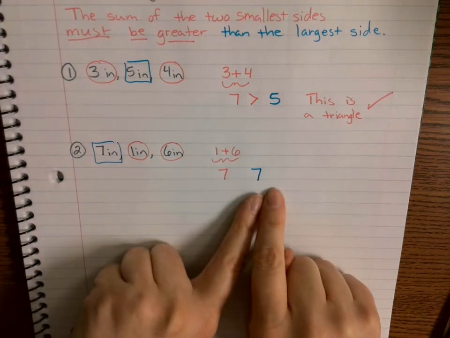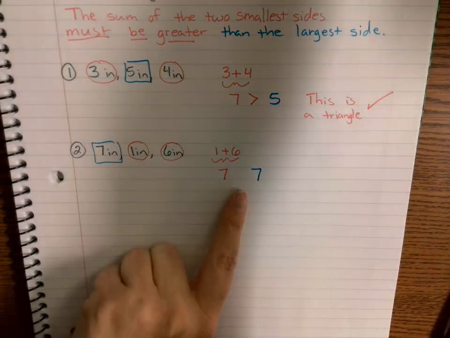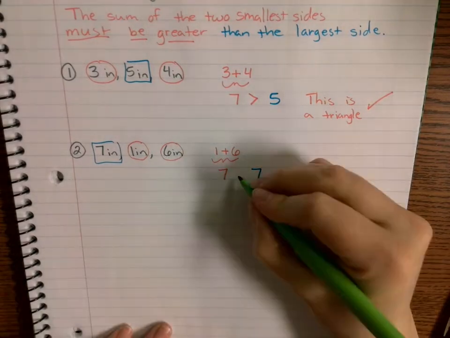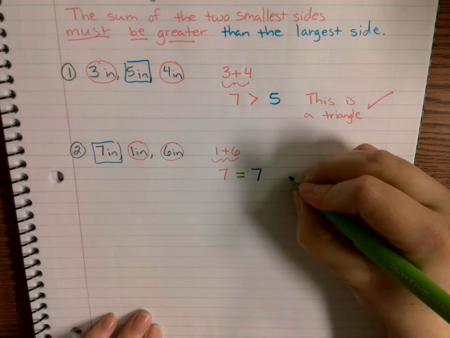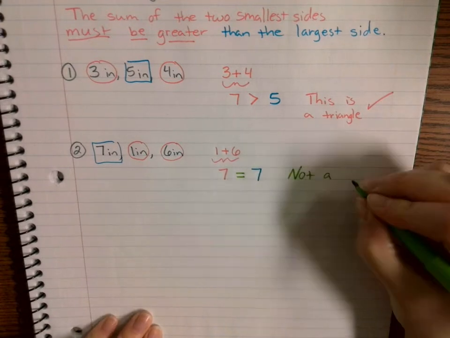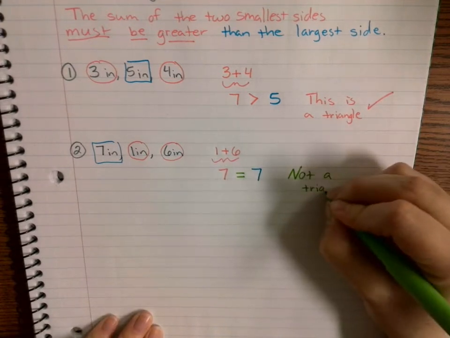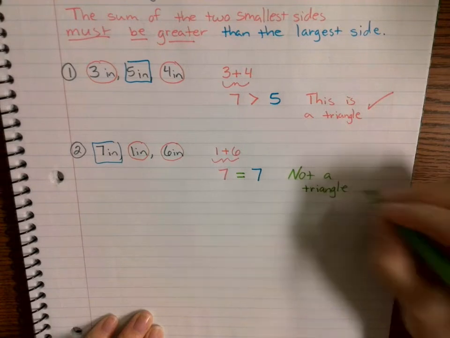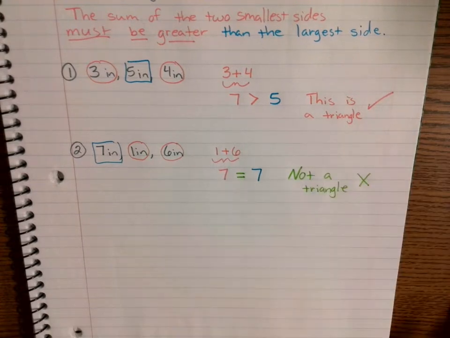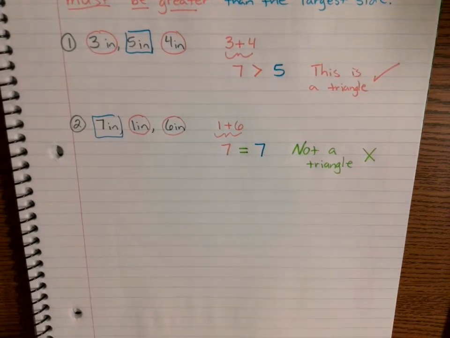No. In this case, 7 is going to be equal to 7. So this is not a triangle. Remember, it has to be greater than the largest side. I'm going to give you a couple of problems to try on your own.